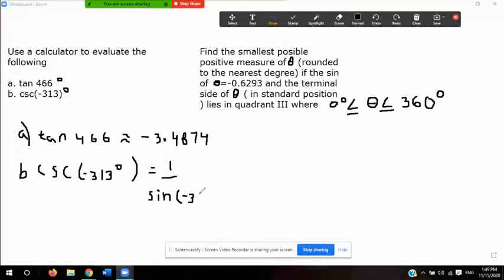Since the cosecant is the reciprocal of the sine, you can look in your calculator for the sine of negative 313 degrees. Once you find the sine of negative 313 degrees, you simply divide 1 over the answer.